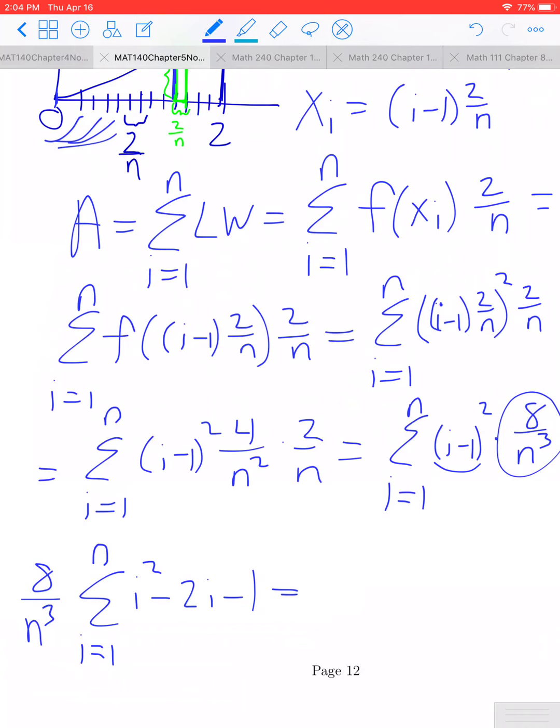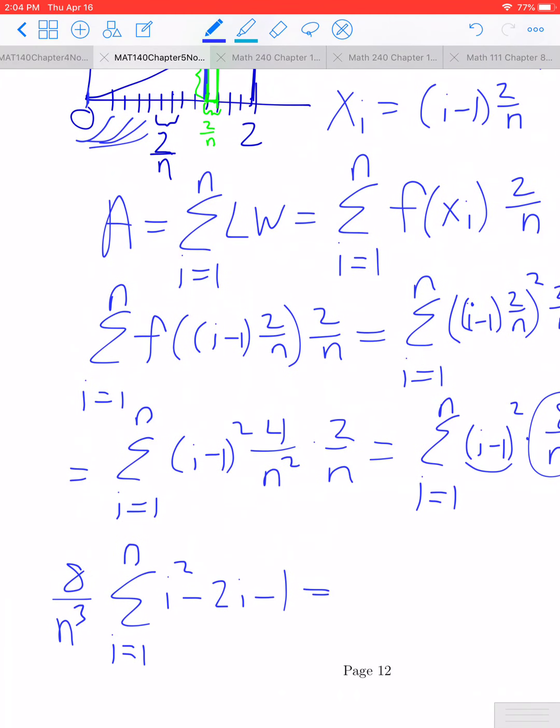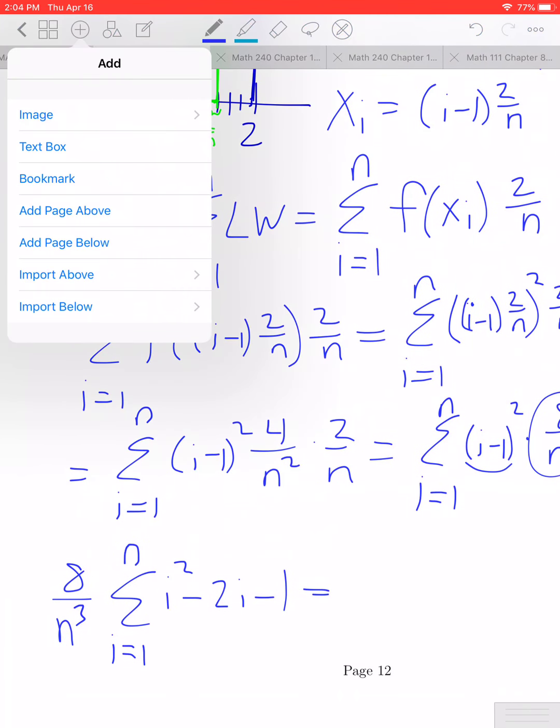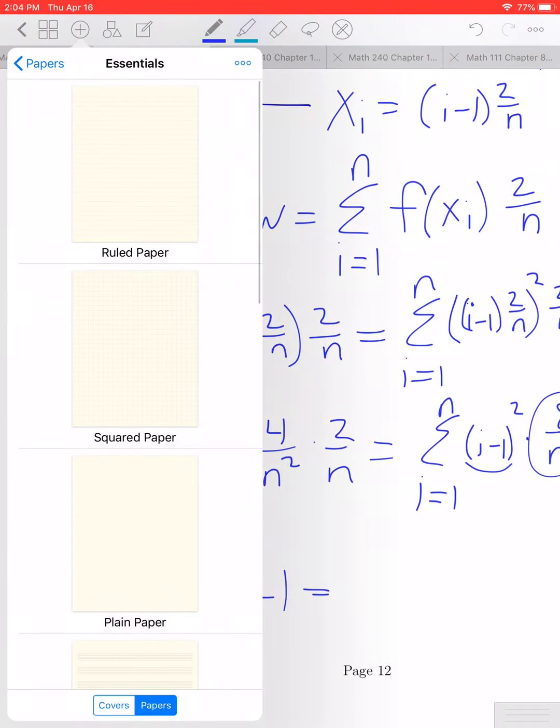From here, this is where we're going to apply those sum formulas we had from the previous section. Let me see if I can add a page below. So where are we at right now?